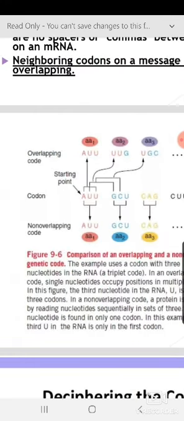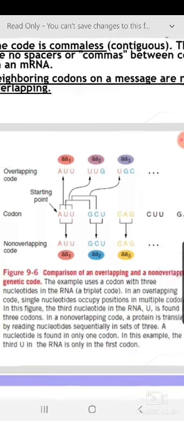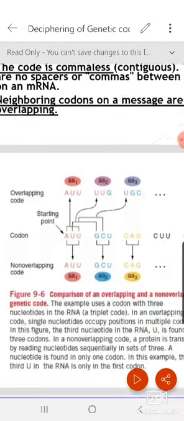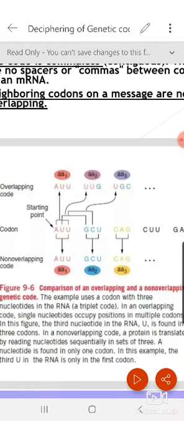Now how can you prove that it is not overlapping? Again, you need to take a cell-free in vitro system, where you are going to incubate your codon, and you need to do two experiments, one test, another one control. In the test you need to mutate, let's say the second U of AUU.